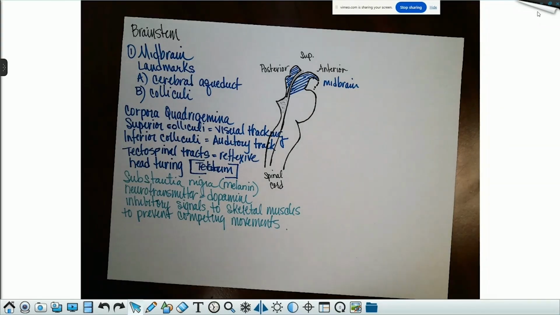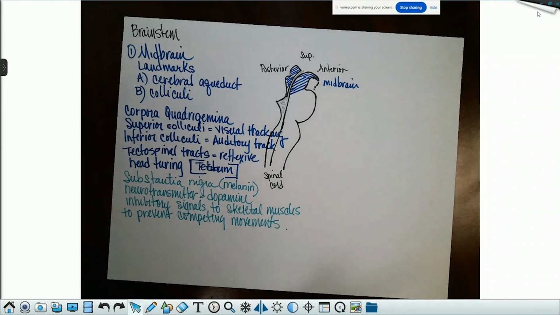They need to be relaxed and allow the biceps to do their movement in order to reduce the angle of that joint. And so dopamine helps inhibit those signals. It's inhibiting the triceps from working so that it will relax and allow the biceps and the brachialis to do their job of contracting.